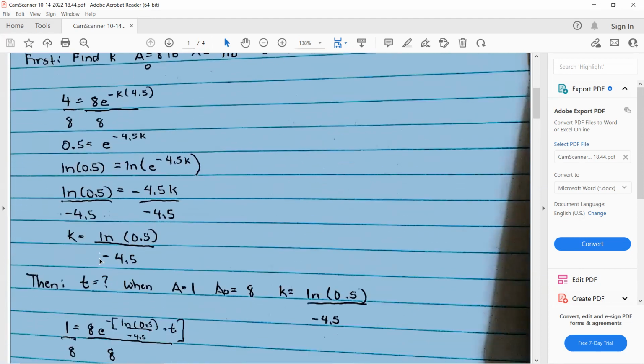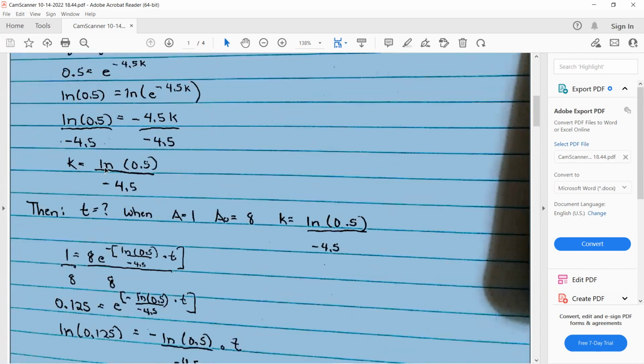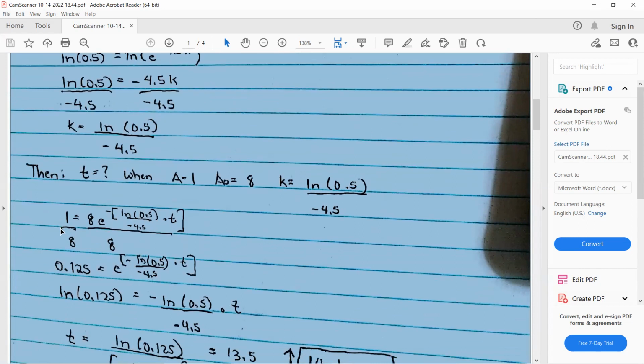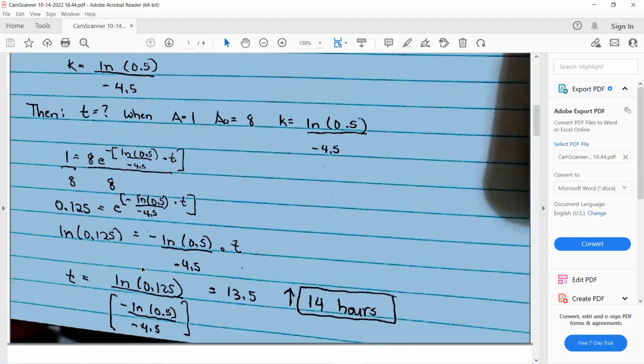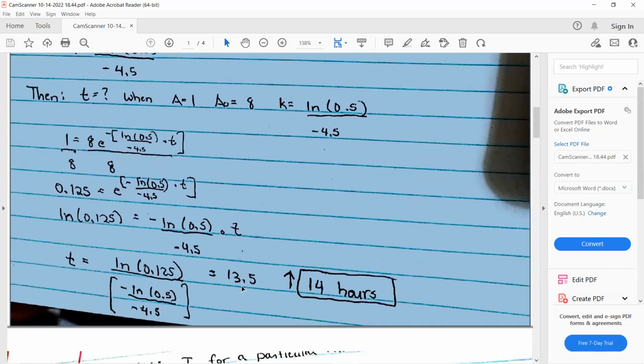It doesn't want me to round, so I used this exact expression, and then I want to solve for T. Now 1/8 as a decimal is 0.125. So I just plugged in everything, and I get 13.5, and it asked for the nearest hour. So that was 14 hours.